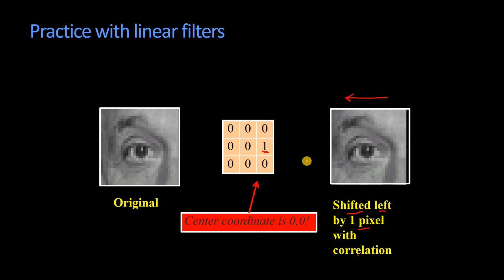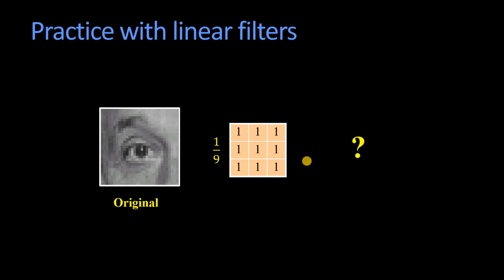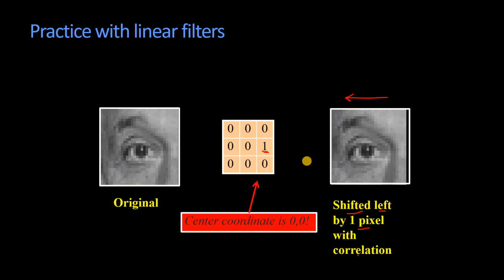Clear? Now I ask you, if I put 0 over here and move the 1 to this side, what will happen? It's clear, it will be the opposite. There will be black pixels over here, and all the image will be shifted to the right side.